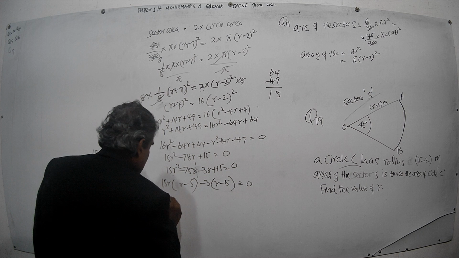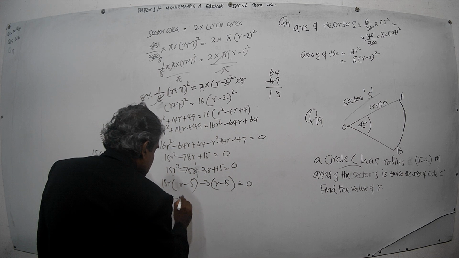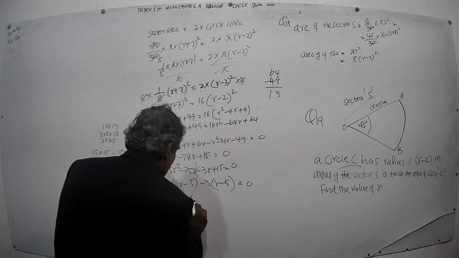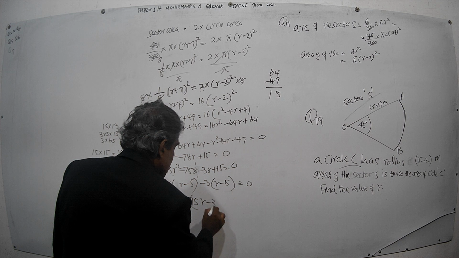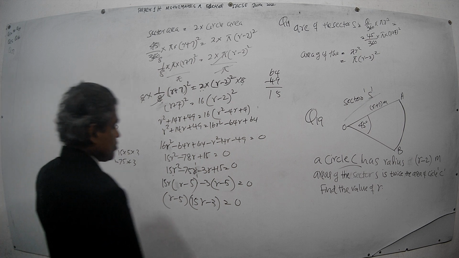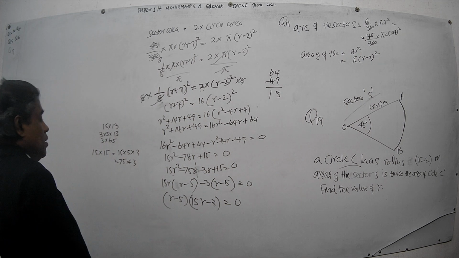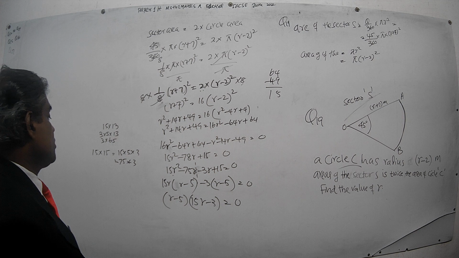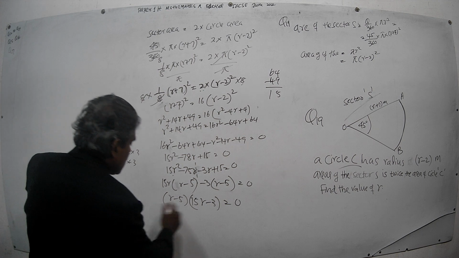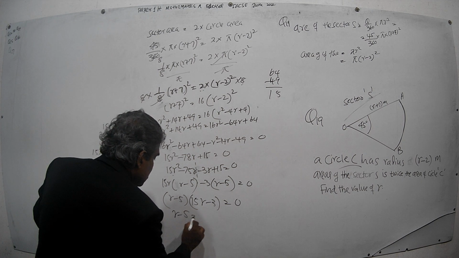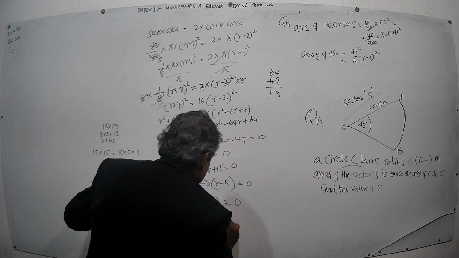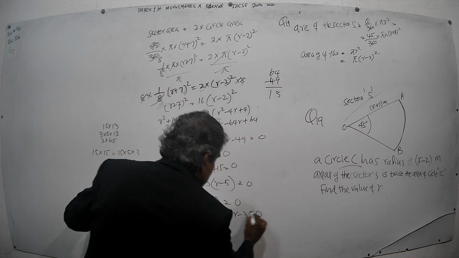Then you write r minus 5, the terms inside the brackets, as one factor, and the terms outside the brackets, 15r minus 3, as the other, equals 0. Then r minus 5 equals 0 or 15r minus 3 equals 0.